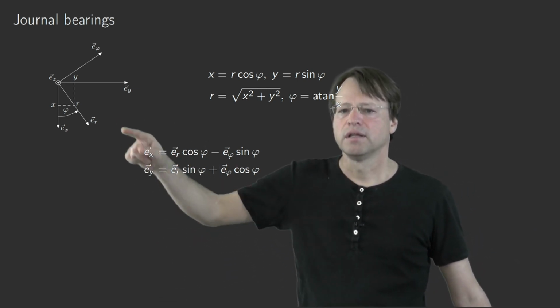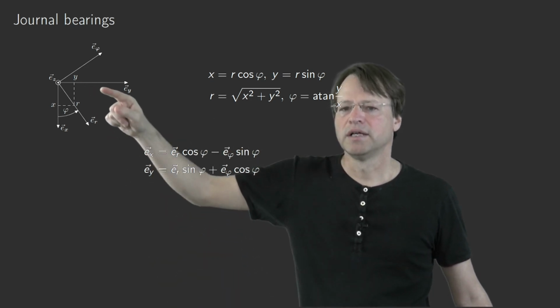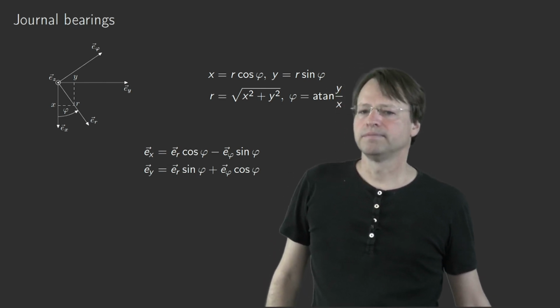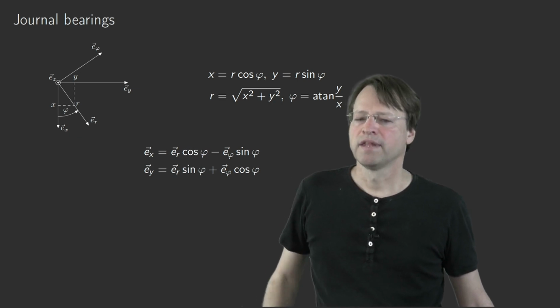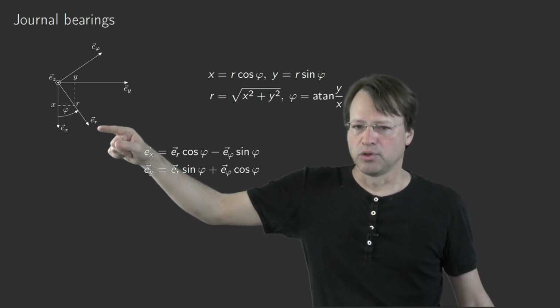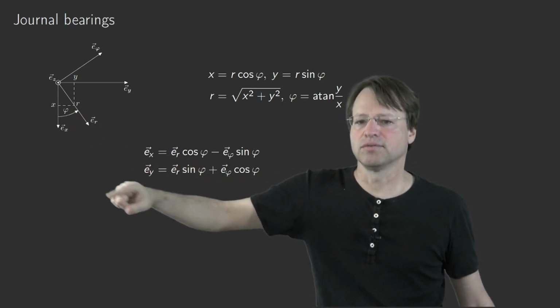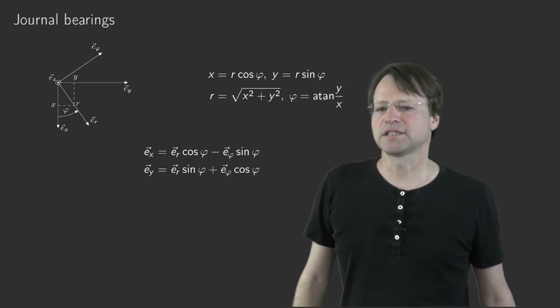You will find the base vector in radial direction here, e sub r, and e sub phi in circumferential direction there. The classical Cartesian base vectors are e sub x and e sub y. And if we now look at e sub x, then it's e sub r projected by a cosine phi. Phi is that angle, so we start to measure our angle at the x-axis.